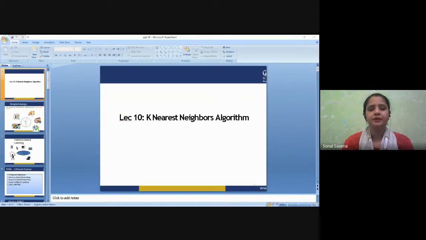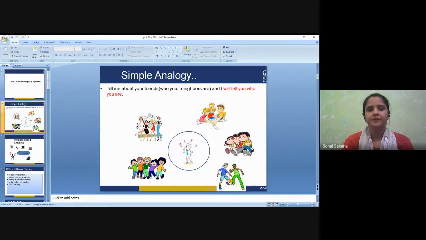Let us understand it in layman's terms. What is the simple analogy here? It is: tell me about your friends, who your neighbors are, and I will tell you who you are. The nearest neighbor approach depends on the analogy of knowing the neighbors.